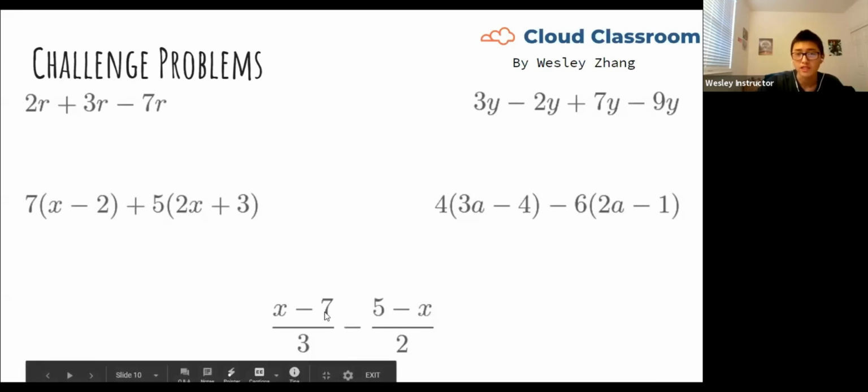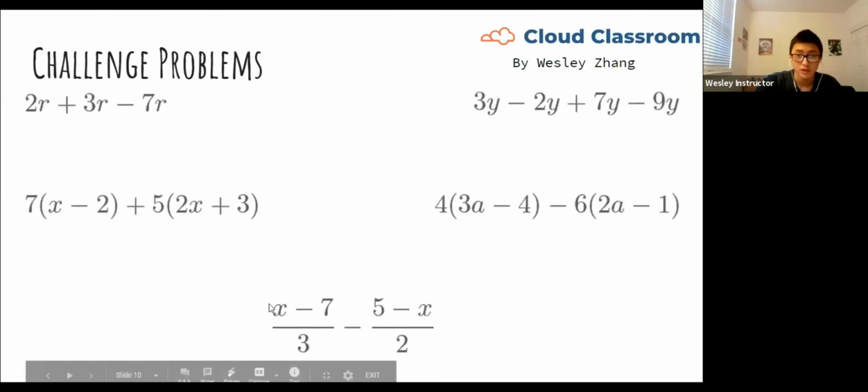All right, (x - 7)/3 minus (5 - x)/2. We want to get the common denominator of 6. So we multiply the left term by 2 over 2, and the right term by 3 over 3.